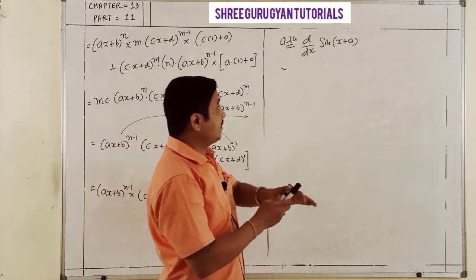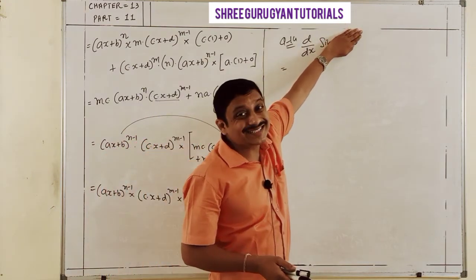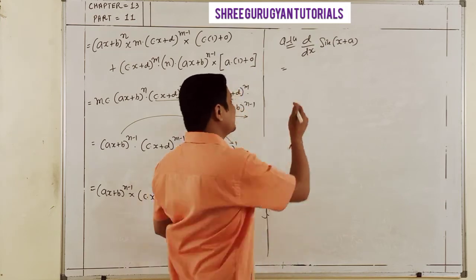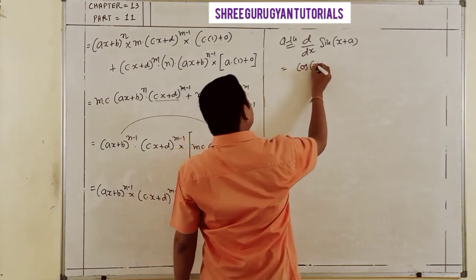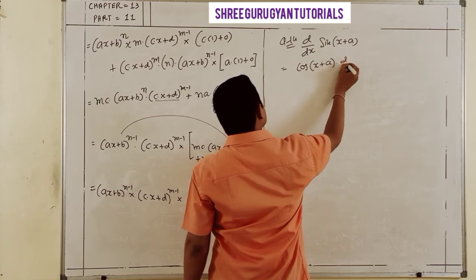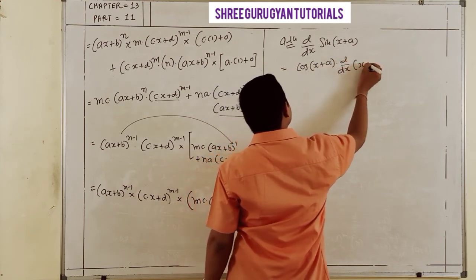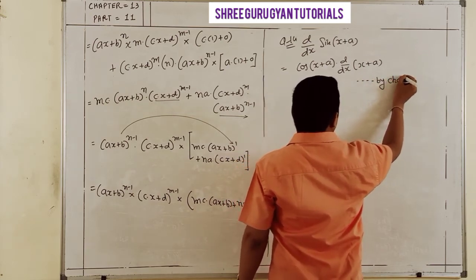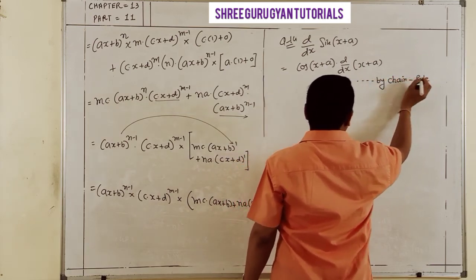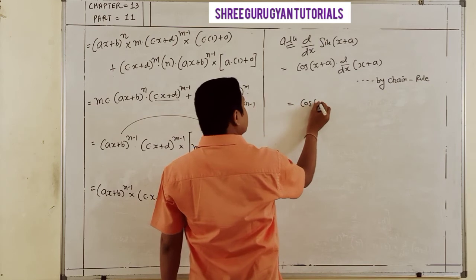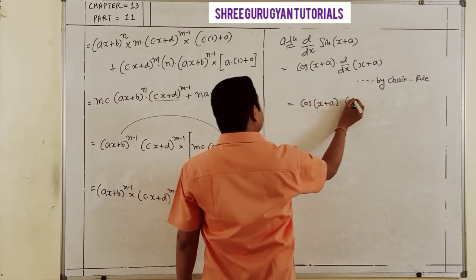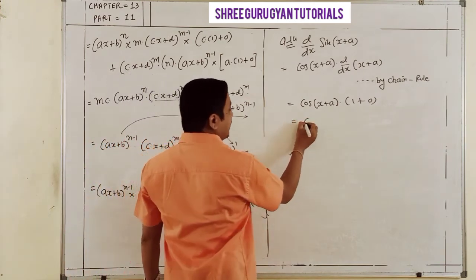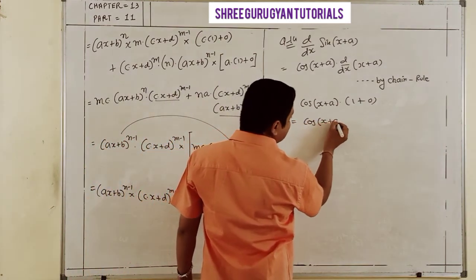Consider this sine, one of the basic functions of x, sin x. The derivative of sin x is known, cos x, and the remaining is as it is by chain rule. So my answer is cos(x + a). The derivative of x is 1, but the derivative of a is 0.